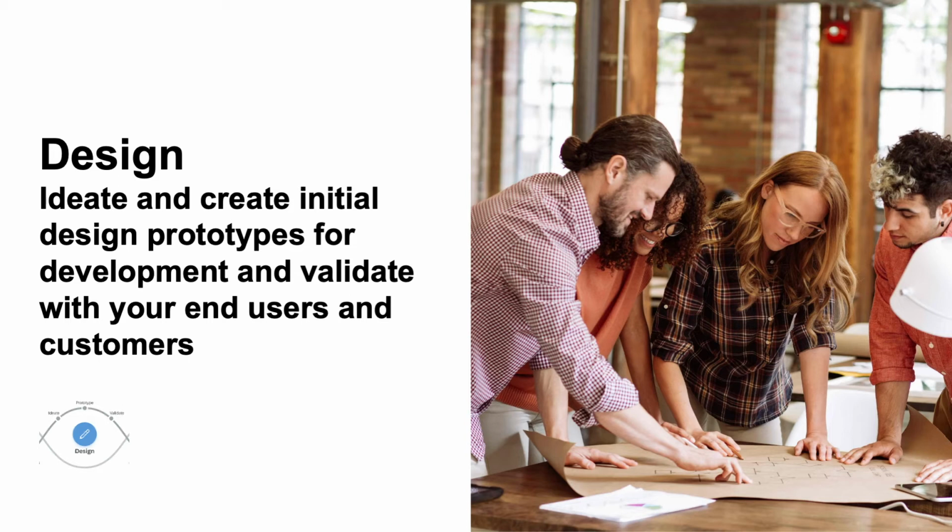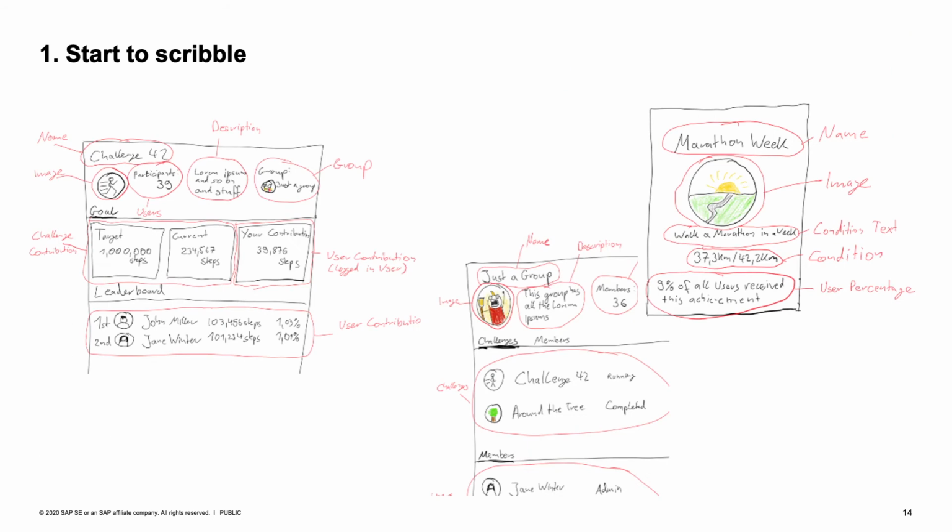You will ideate a lot and create initial design prototypes. Those designs you can then validate with your end users and customers. Pragmatically, you can just start with some scribbles to quickly and easily visualize first ideas and discuss this very informally in the team.